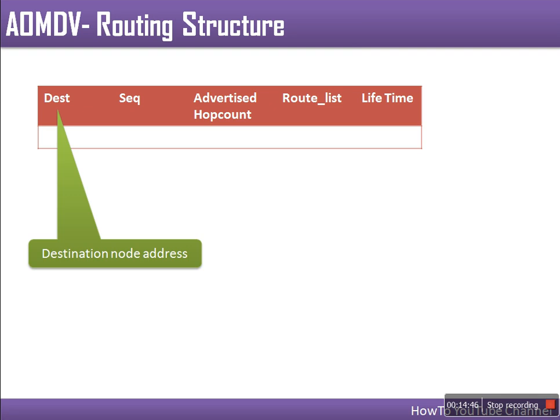In AOMDV routing, the routing table structure is the same as the AODV routing protocol. The only difference is that instead of hop count we are using advertised hop count, because it might be possible that there are multiple paths available, and in case of multiple paths there will be multiple hop counts. So which hop count will we use? We will use the maximum hop count, that is also known as advertised hop count.